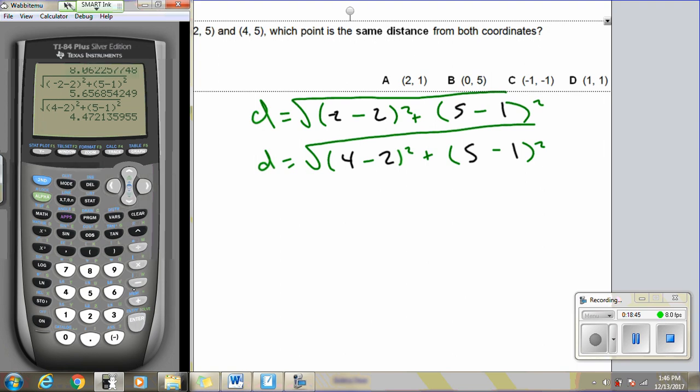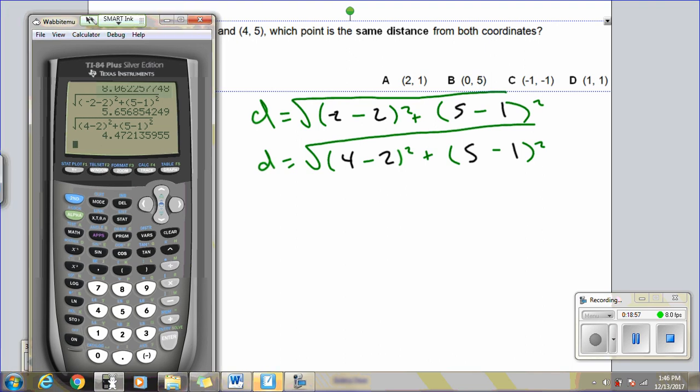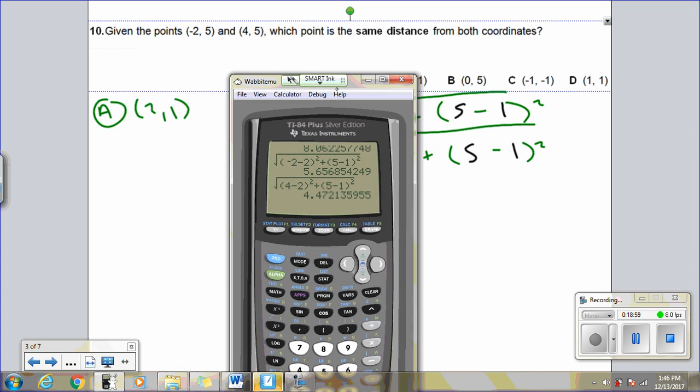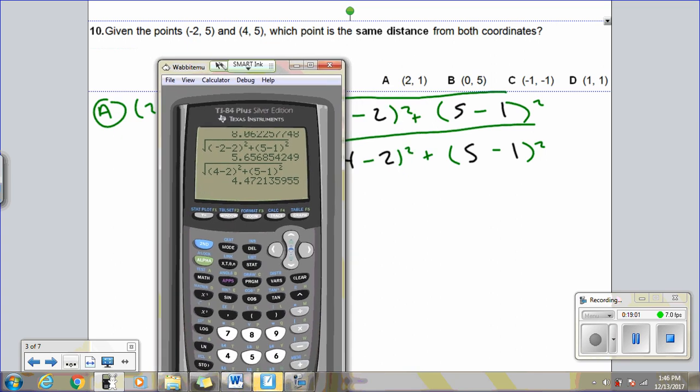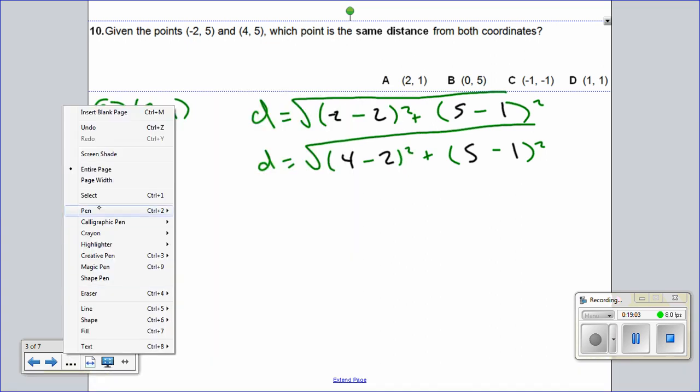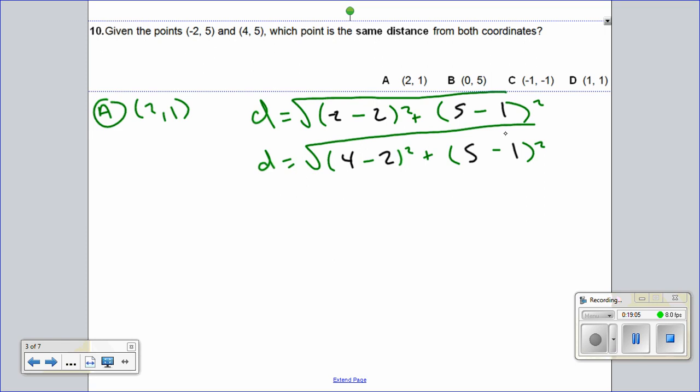We have about 4.7 and 5.7 and 4.5. Five point seven, 4.5. So it's not A.